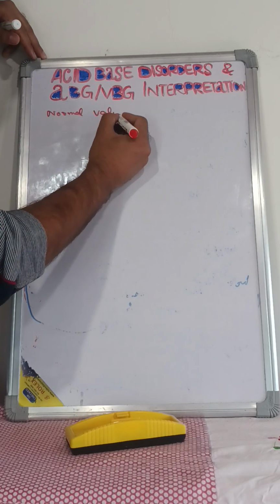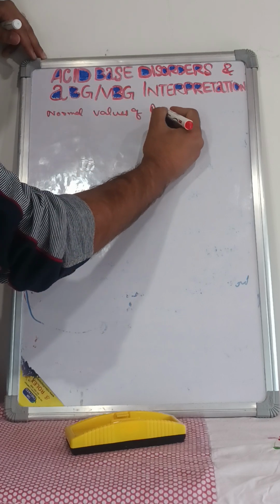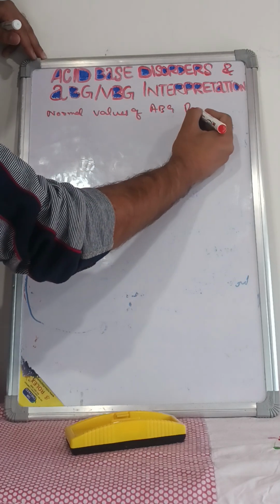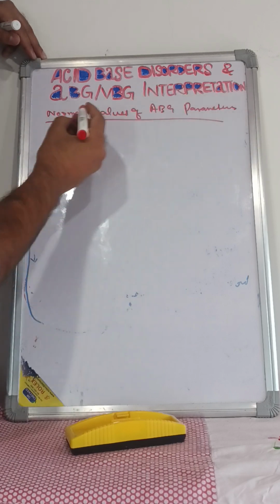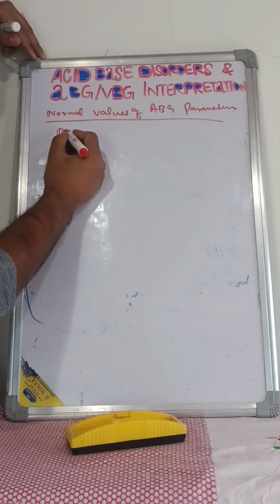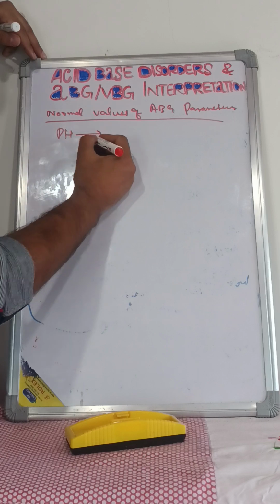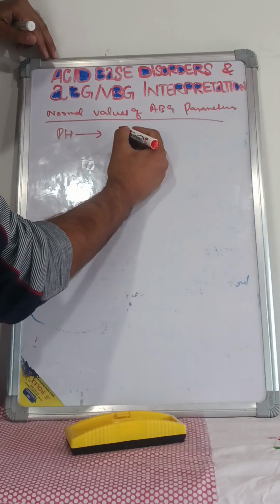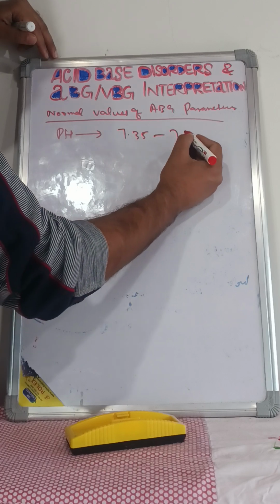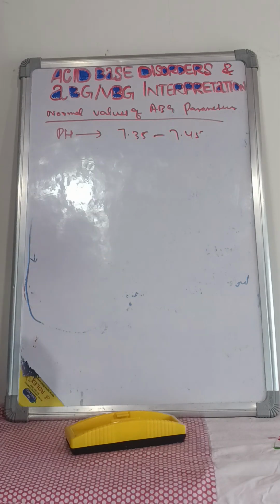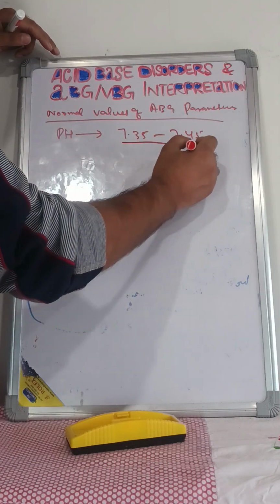Normal values of ABG parameters. First, pH. I have already told you that normal pH is equal to 7.35 to 7.45. This is a number, it has no units. This is the normal pH of human blood.